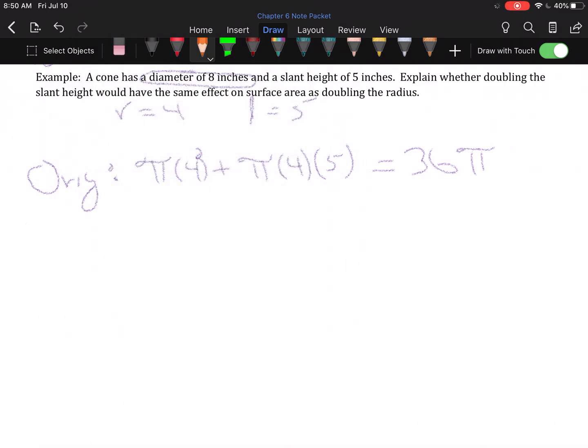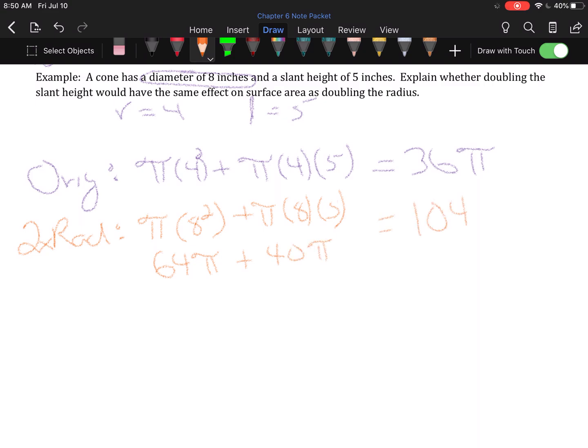Let's check what happens when I do 2 times the radius. And this is how we're explaining, we're showing all the work. So when I double the radius, 4 becomes 8. Eight squared is 64. 8 times 5 is 40. When I combine those, I've got 104 pi.